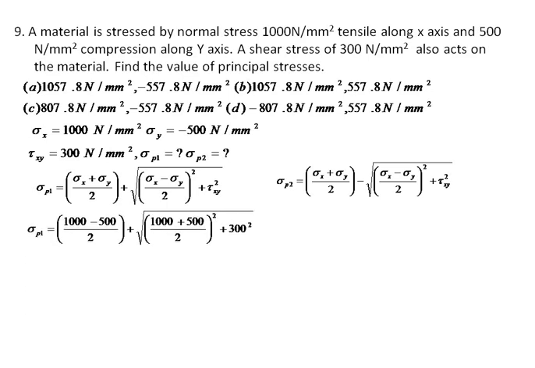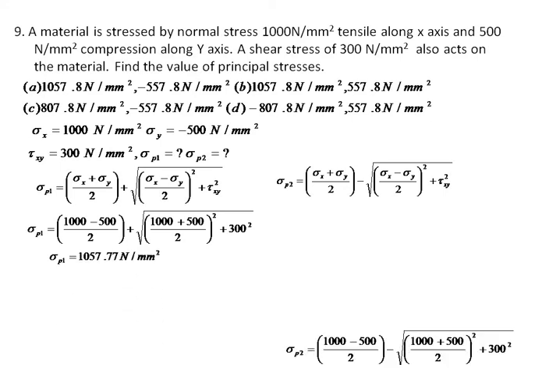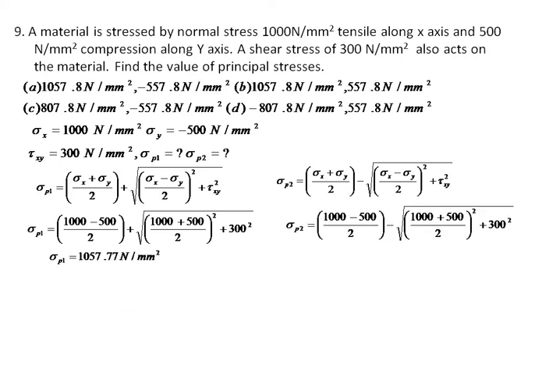By substituting the numerical values we get sigma p1 and sigma p2. The values are 1057.8 Newton per mm square and minus 557.8 Newton per mm square. So option A is the right answer.